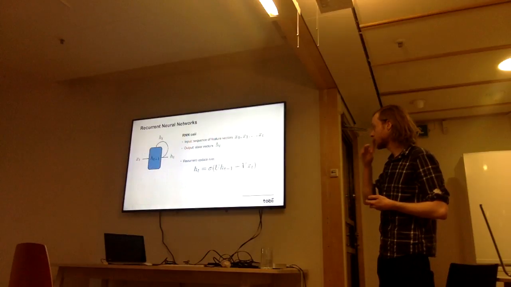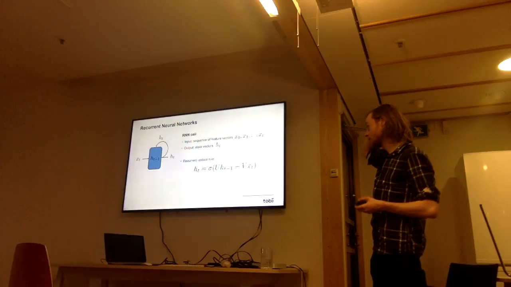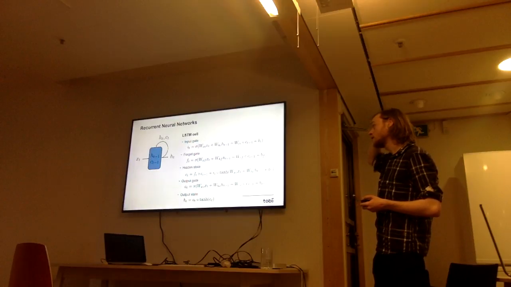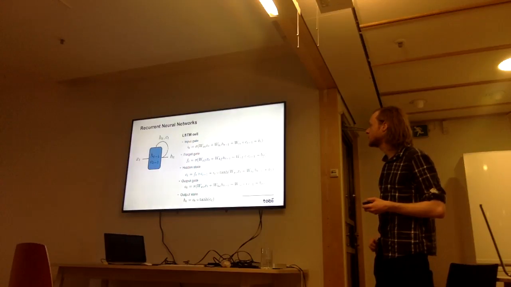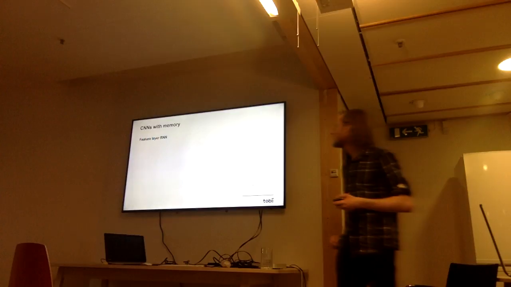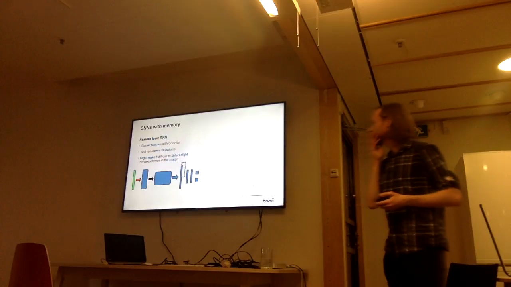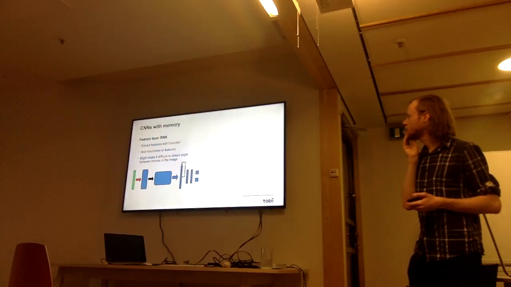So that's what I started looking at. So this is a normal recurrent network. You will recognize it if you have used it before, and you can extend it to this case too.